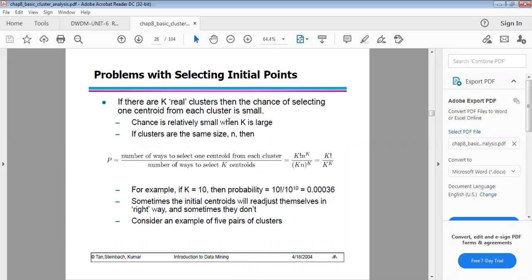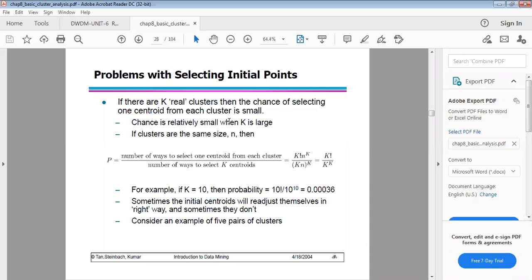If clusters are all the same size n, then the probability is the number of ways to select one centroid from each cluster over the number of ways to select the k centroids, which is k factorial by k power k.